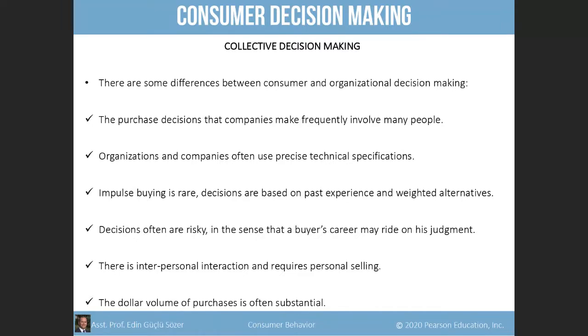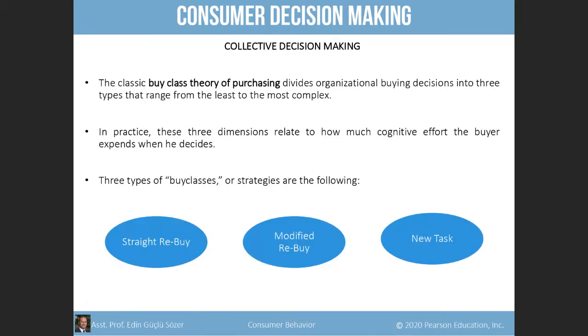Decisions are made on these criteria and past experience. And of course, because it is a risky decision, with a large amount of money under consideration, the buying unit or purchasing committee decides to buy the products. So this is very important.